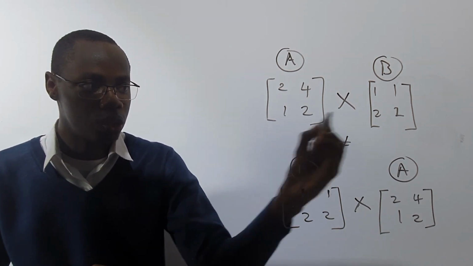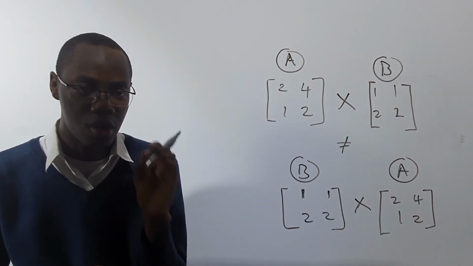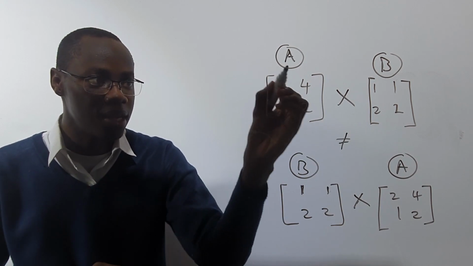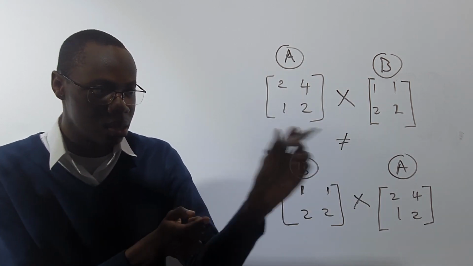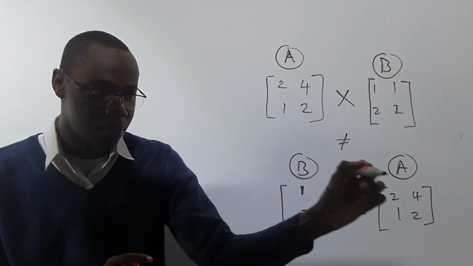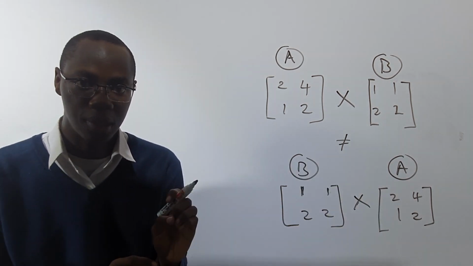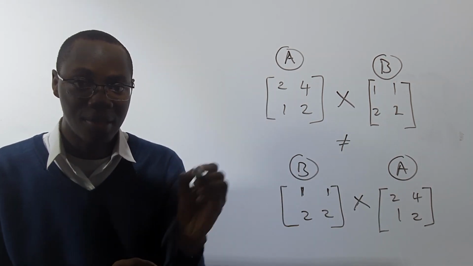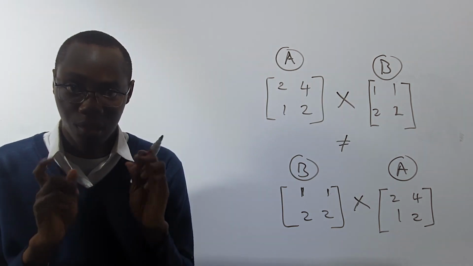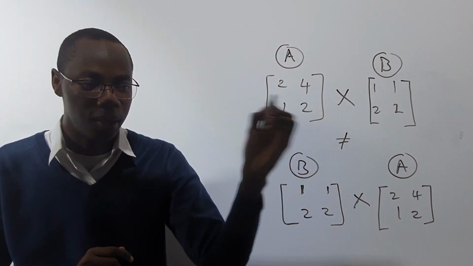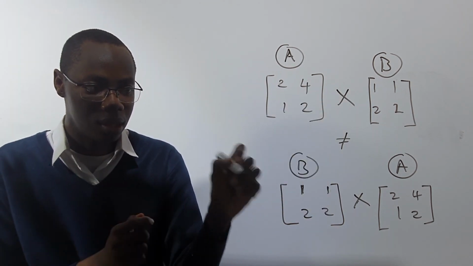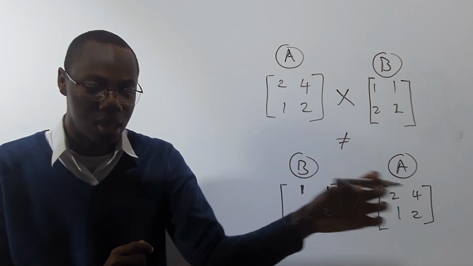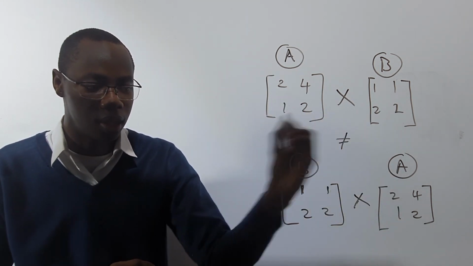But in multiplication, the order is very relevant. A times B is not the same as B times A. It's a different order completely. So take note, if they're asking you A times B, they seriously mean A times B. Don't switch it and accidentally say, okay, B times A. Follow the procedure and the order, like that.